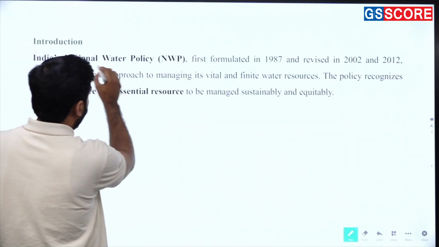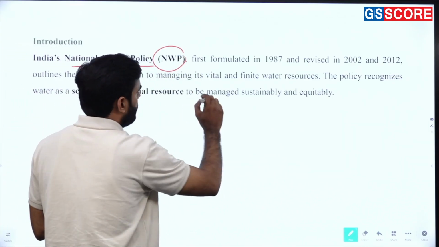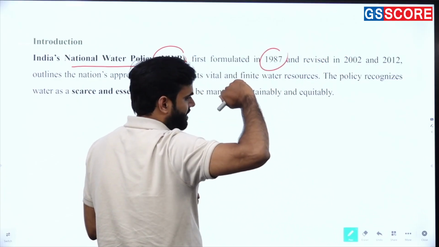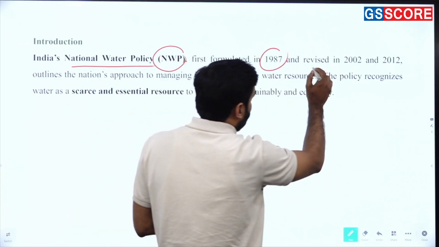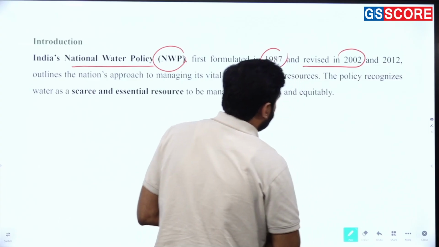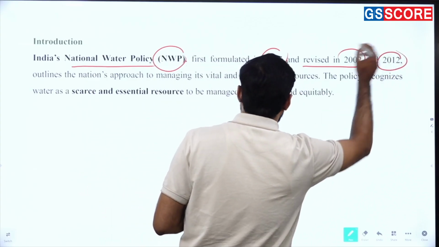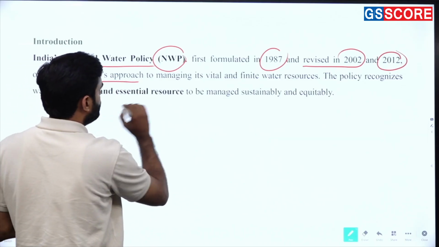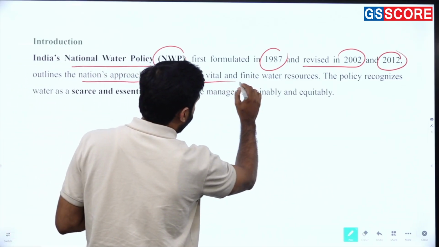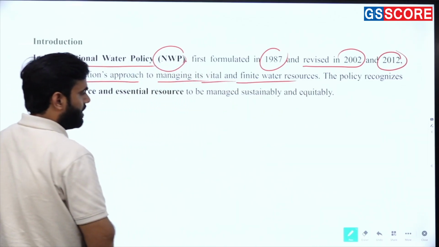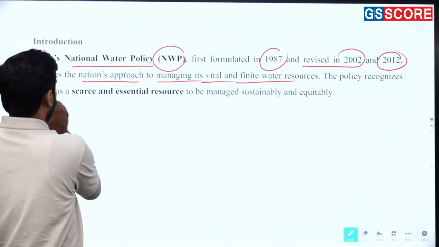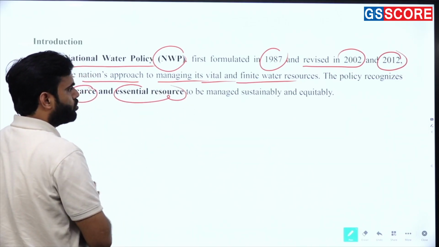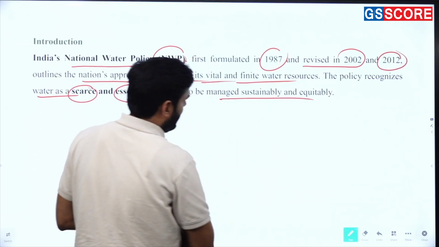So India's national water policy was first formulated in 1987, just after the announcement of the Ganga Action Plan in 1985, and revised in 2002 and 2012. It outlines the nation's approach to managing its vital and finite water resources. The policy recognized water as a scarce and essential resource to be managed sustainably and equitably.